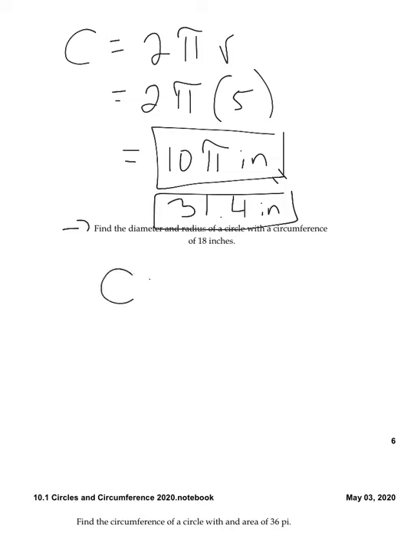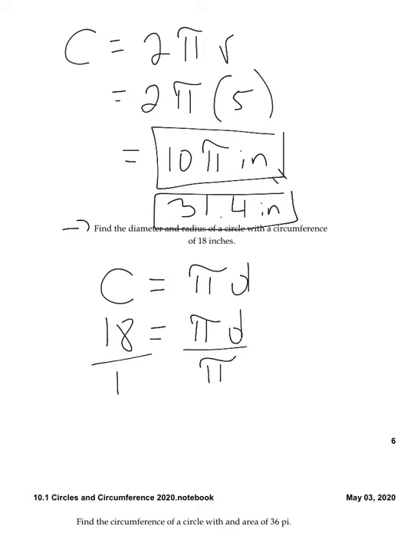So circumference equals pi d. I will get 18 equals pi d, divided by pi, divided by pi. So 18 divided by pi is, if I use 1 decimal place, nearest tenth, diameter is equal to 5 7/10.